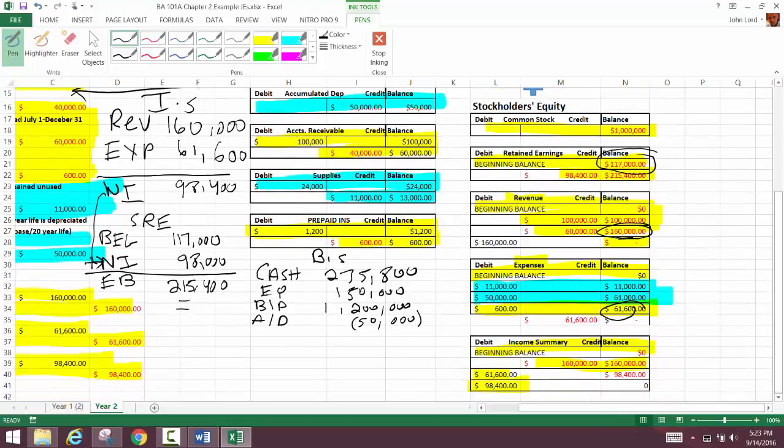Then I have accounts receivable. I'm going to run out of room here on this side. My accounts receivable is going to be 60,000? Yep. Okay, good. And I have the supplies that were left.